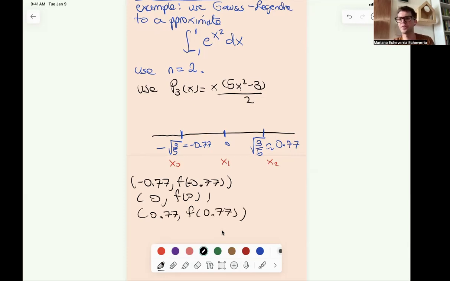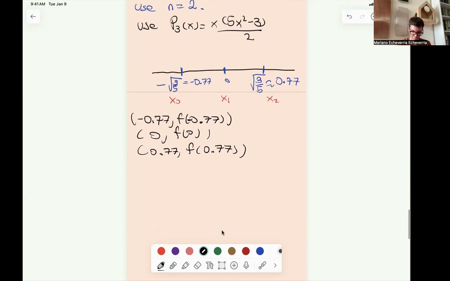So you're trying to find a degree 2 Lagrange polynomial through these 3 points. And again, I'm going to write the formula in more explicit terms than what you need, so that you see it.